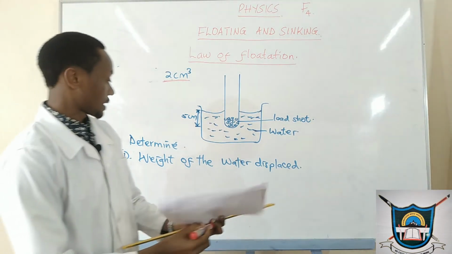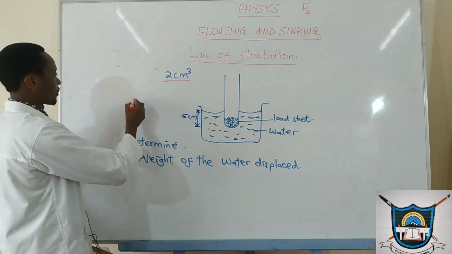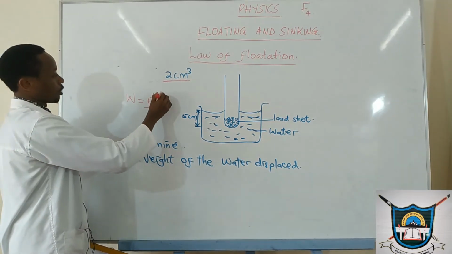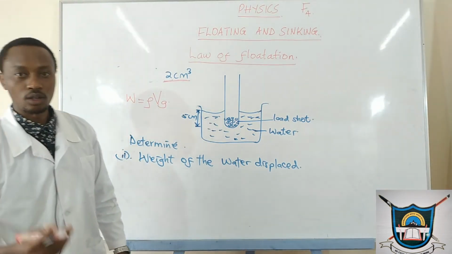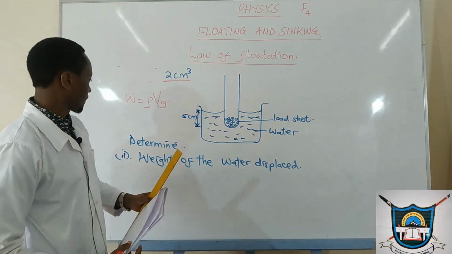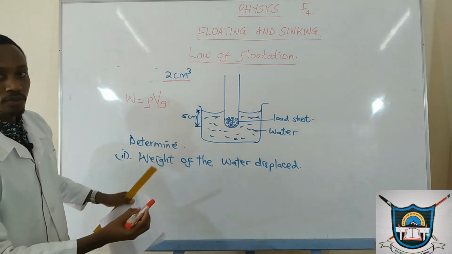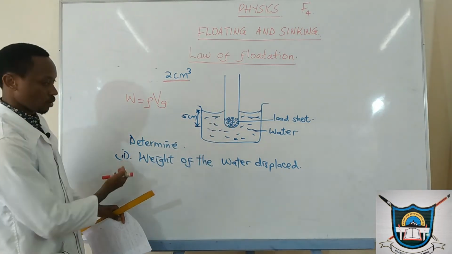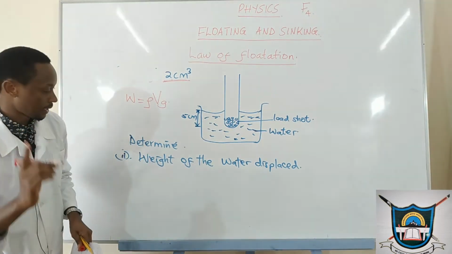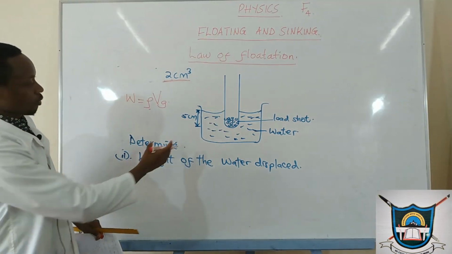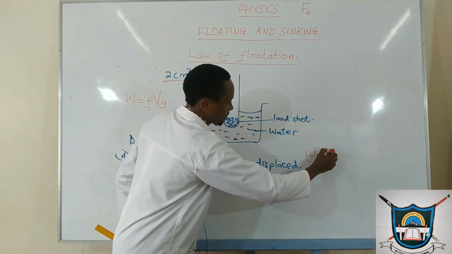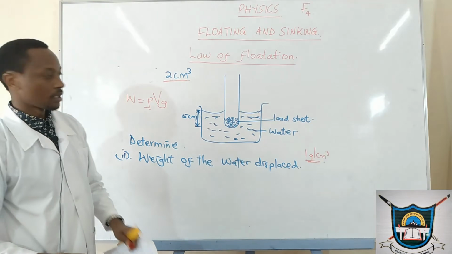Now students, we know that weight is given by density times volume times g. We had derived that in our previous lesson, so if you have not looked at that, you can visit it. We have already calculated the volume of the water displaced in question 1, which is 10. And we know that the density of water is 1 gram per cubic centimeter.